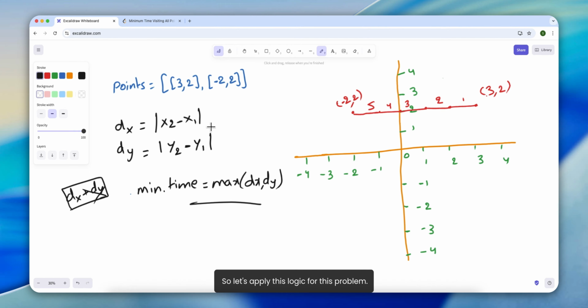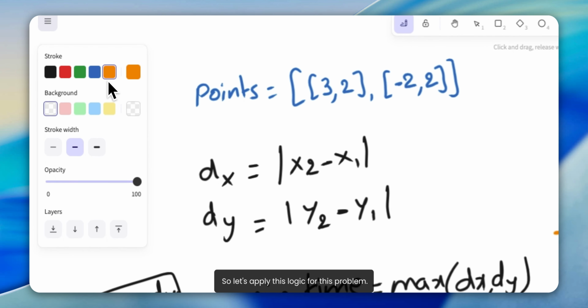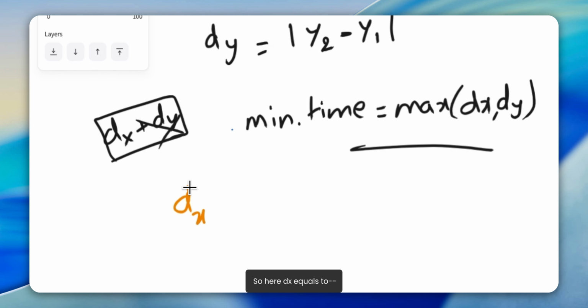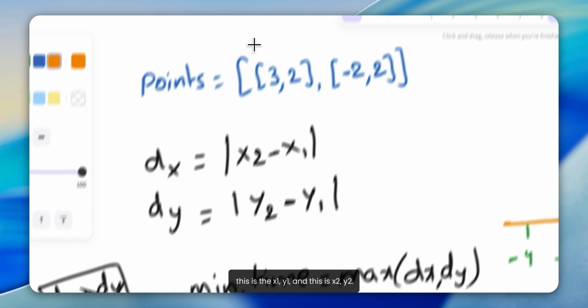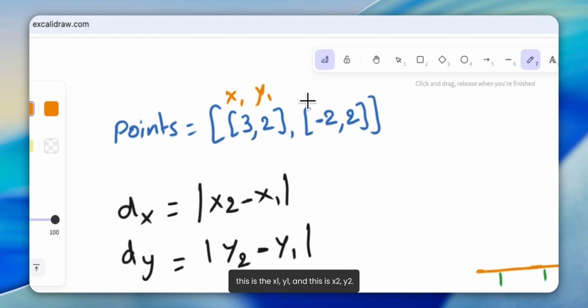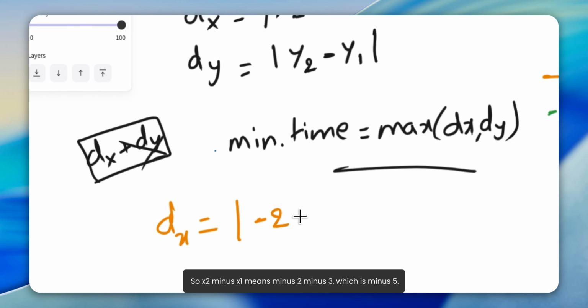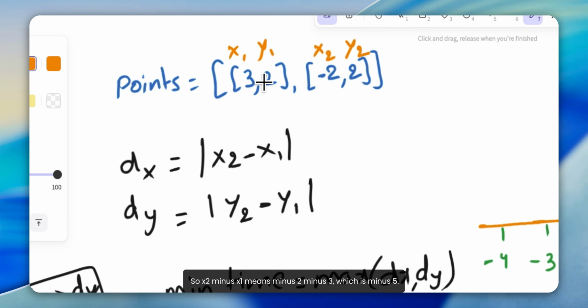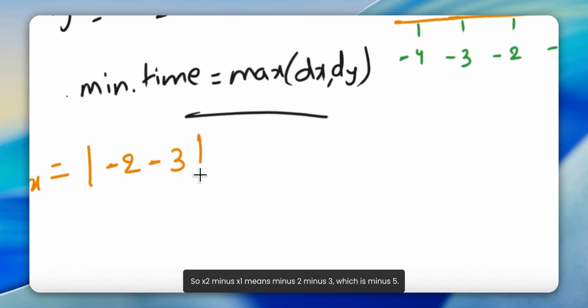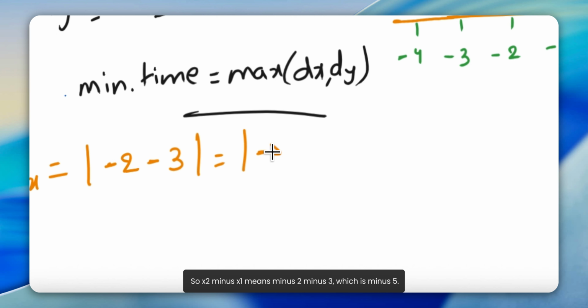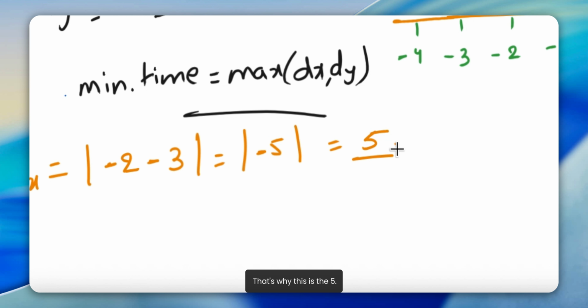So let's apply this logic for this problem. Here, this is x1, y1, and this is x2, y2. dx equals x2 minus x1, which means -2 minus 3, which is -5. We apply the absolute difference here, so this is 5.